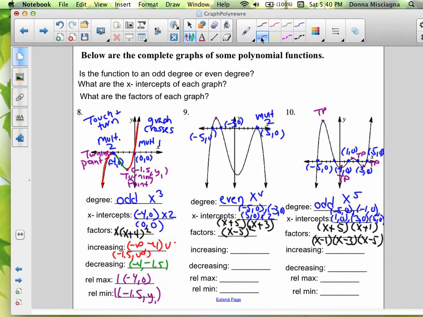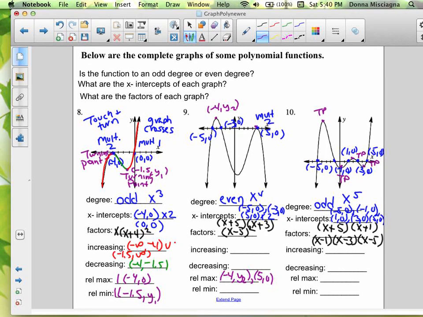At negative 4, whatever y is, we'll call it y2, is one of our maxes, and we have another relative max right here at 5, 0. So relative max, negative 4, y2, and 5, 0.